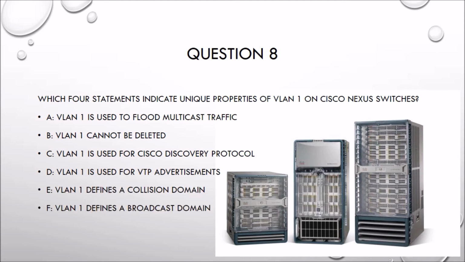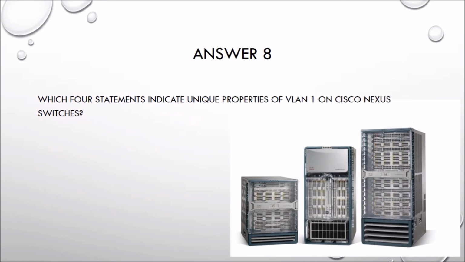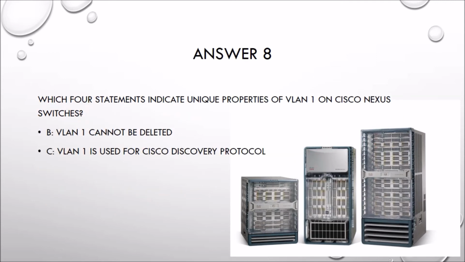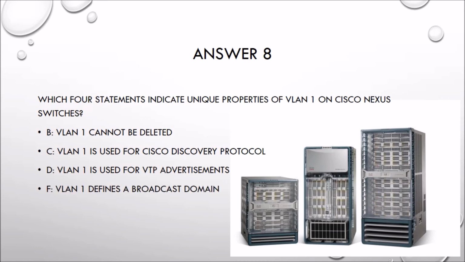Or F, VLAN 1 defines a broadcast domain? And the answers are B, C, D, and F. VLAN 1 cannot be deleted on a Nexus device. It is used for CDP, it's used for VTP, and VLAN 1, as any VLAN does, defines a broadcast domain.